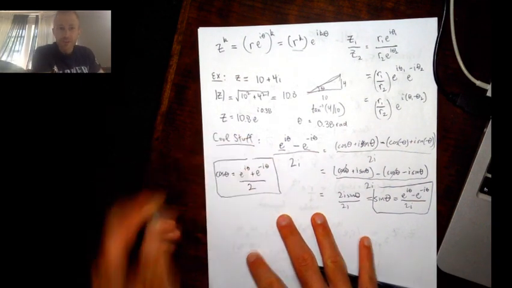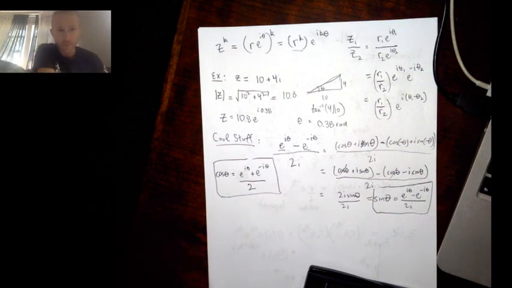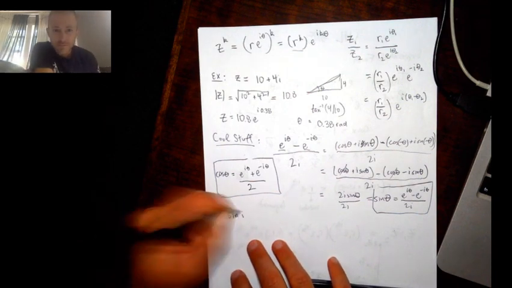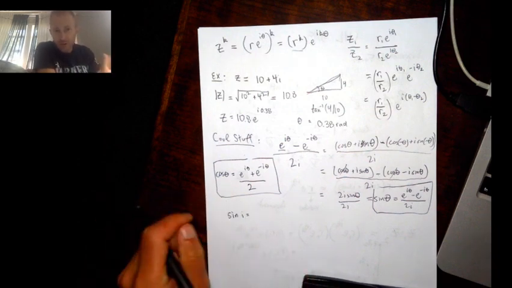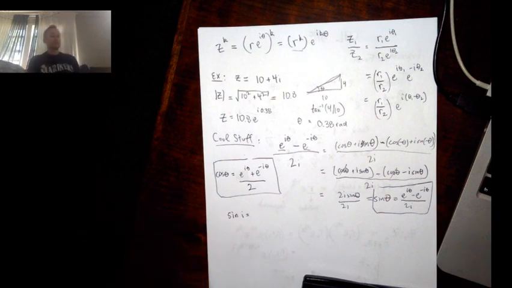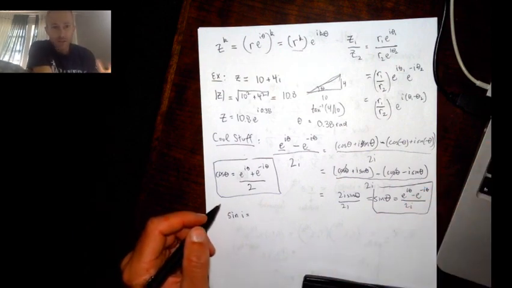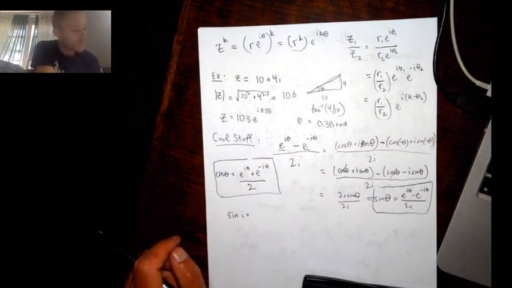So this allows you to do some really weird stuff. For example, what if I wanted to know, what is the sine of i? If you just do your normal way of thinking about things, this doesn't make any sense because i isn't an angle, right? But once you have some knowledge of this formula, you can actually say what this is equal to.